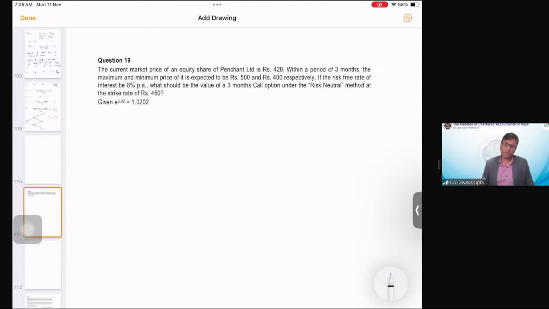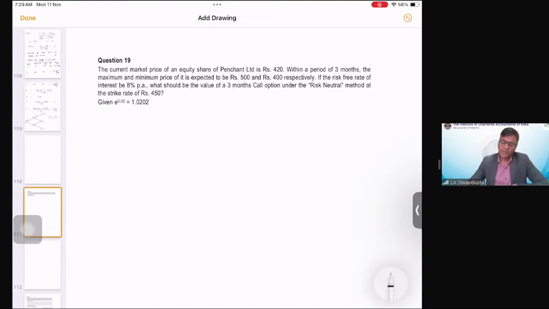Let's move to question number 19. The current market price of an equity share of Pension Limited is rupees 420. Within a period of 3 months, the maximum and minimum price of it is expected to be rupees 500 and 400 respectively.